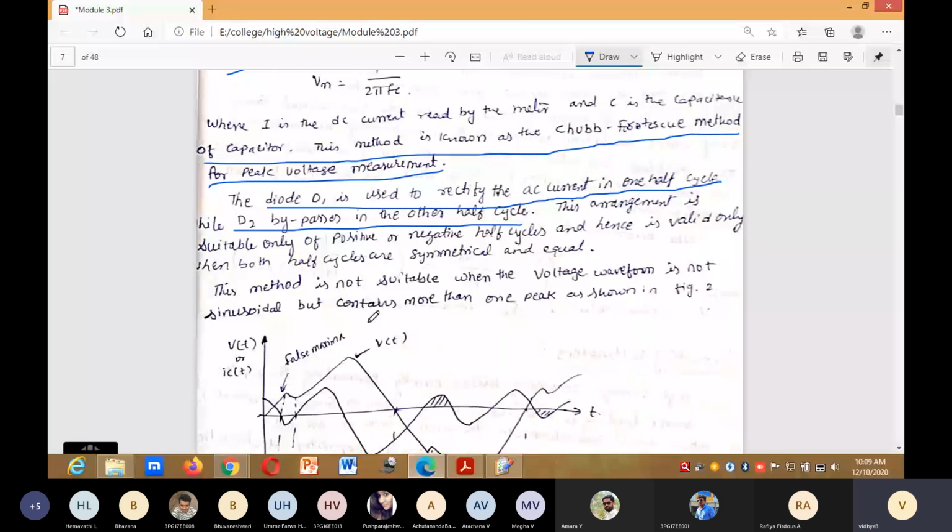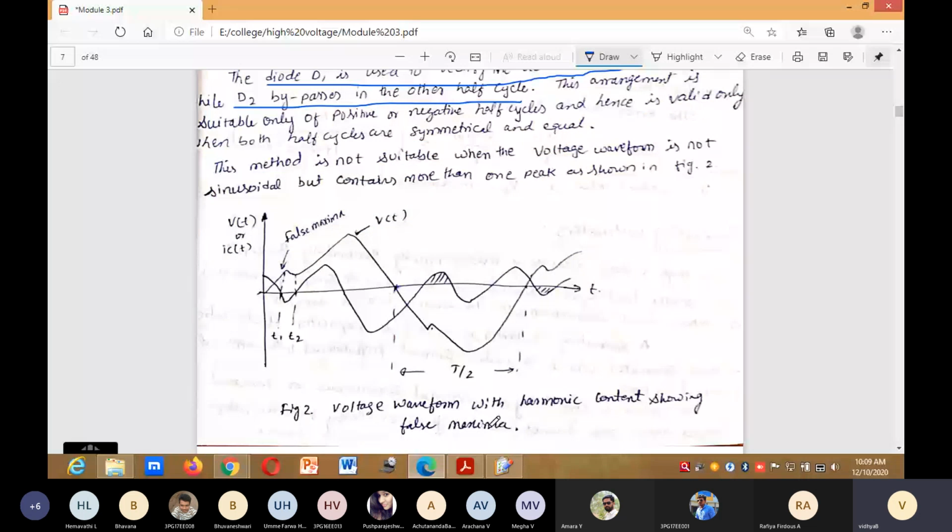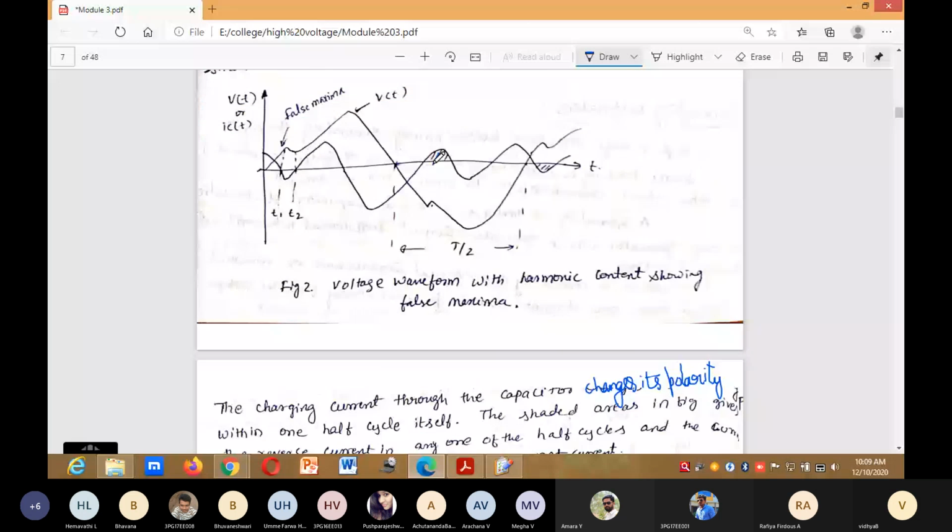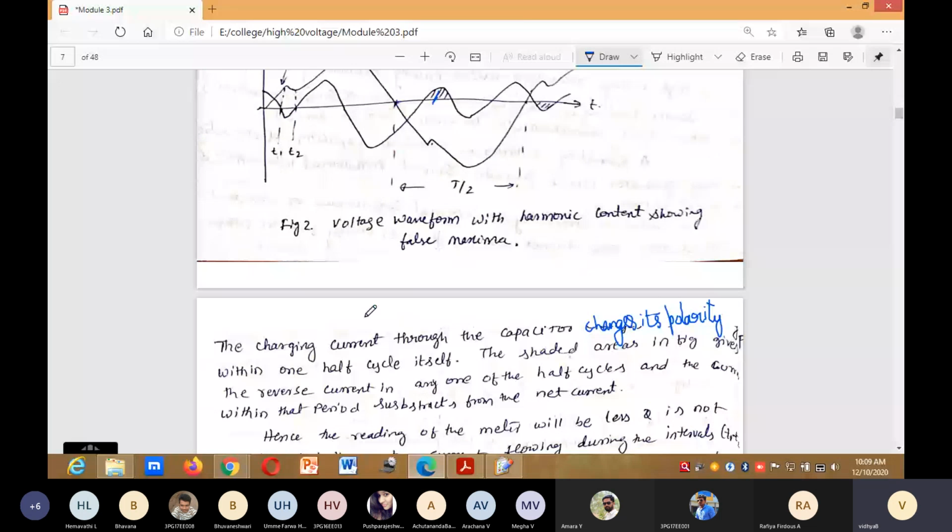This method is not suitable when the voltage waveform is not sinusoidal but contains more than one peak. You can see this diagram: a voltage waveform with harmonic content showing false maxima. The charging current through the capacitor changes its polarity within one half cycle itself.